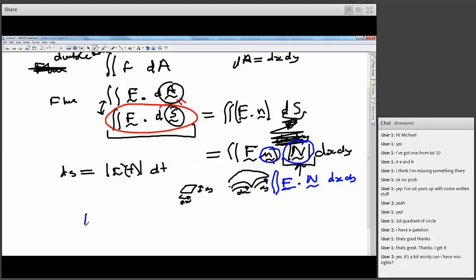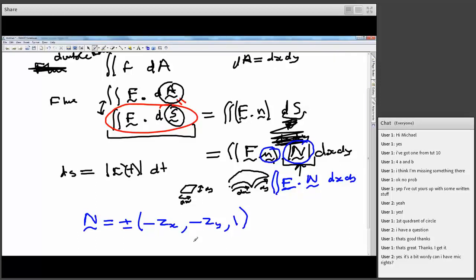In Cartesian coordinates, capital N ends up being plus or minus (minus z_x, minus z_y, 1). That comes from looking at this bit of curved surface and its tangential directions; knowing the tangents, you take the cross product of the two to work out the area of this region, and that gives you that expression. That's very vaguely where it comes from.